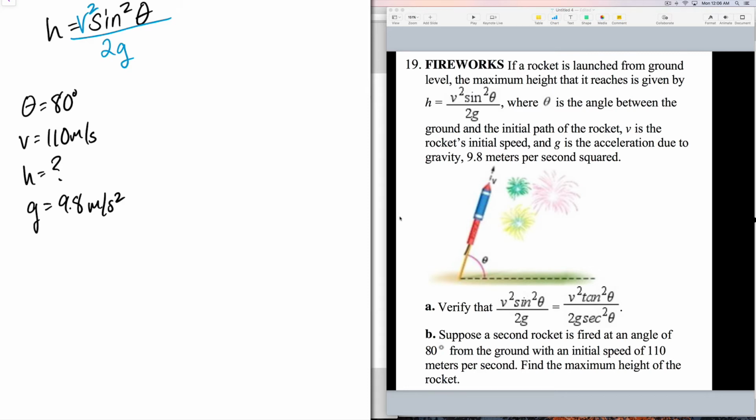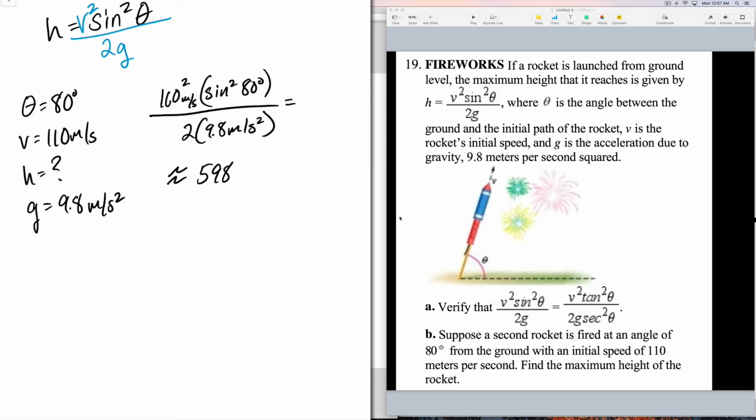So v squared again is 110 squared meters per second times sine squared 80 degrees divided by 2 times 9.8 meters per second squared. So I plug that into my calculator, and I'm going to get an approximate answer of about 598.7 meters.